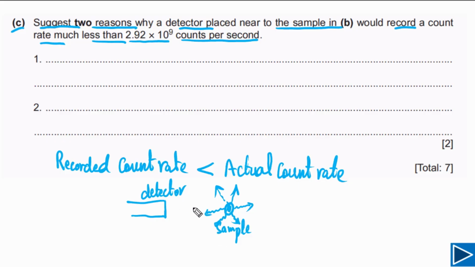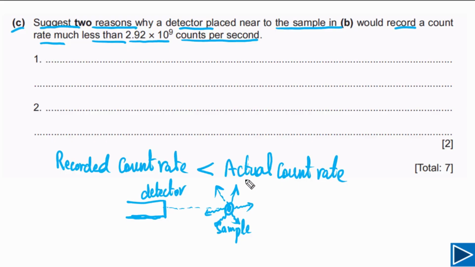So this detector will only detect radiations reaching it. So we can say the radioactive sample emits radiations in all directions, but this detector will only detect radiations reaching the detector. That's the reason the activity will be much greater than the count rate detected by this detector. So this is one reason.